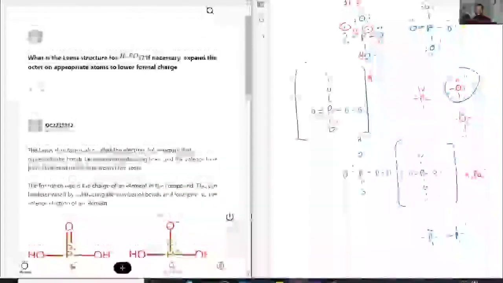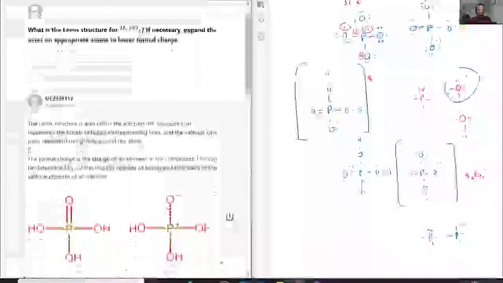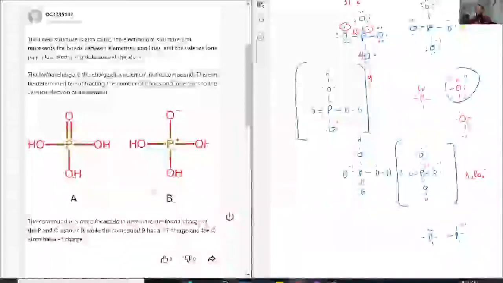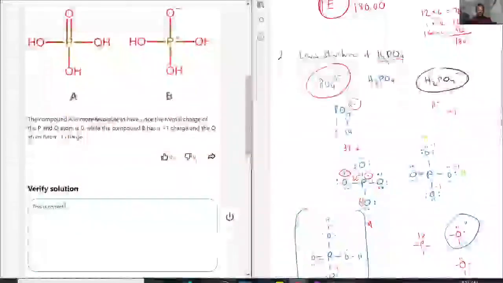And as you can see, even in this answer from my colleague, they did draw H3PO4 and not H2PO4. Because H3PO4 is the one that has a net charge of 0, but H2PO4, as I discussed, would be the minus, H2PO4-. So nonetheless, this is correct.